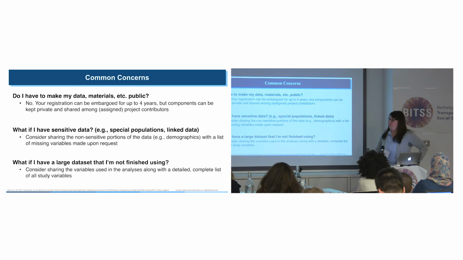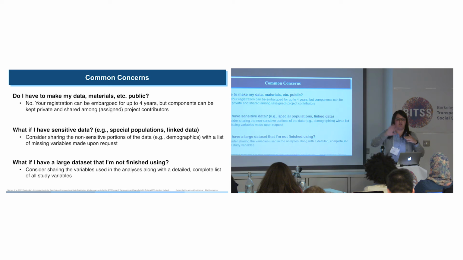And so with this, I've been thinking a lot about this actually, because I also collect a lot of personal information. One thing that you can potentially do is to consider sharing a data file that has everything except the sensitive information. And then you can have a more complete variable list on the Open Science Framework.